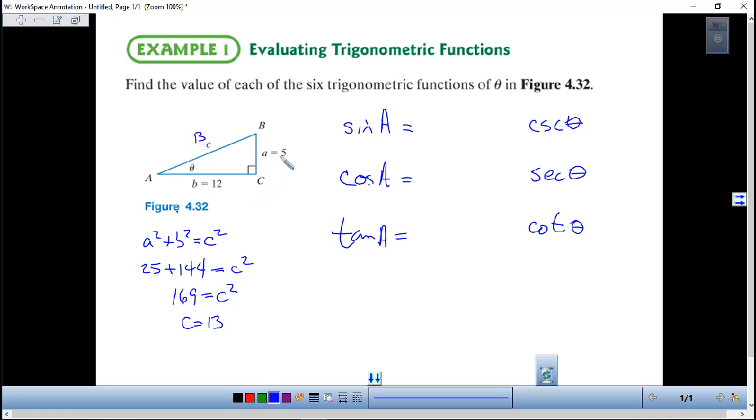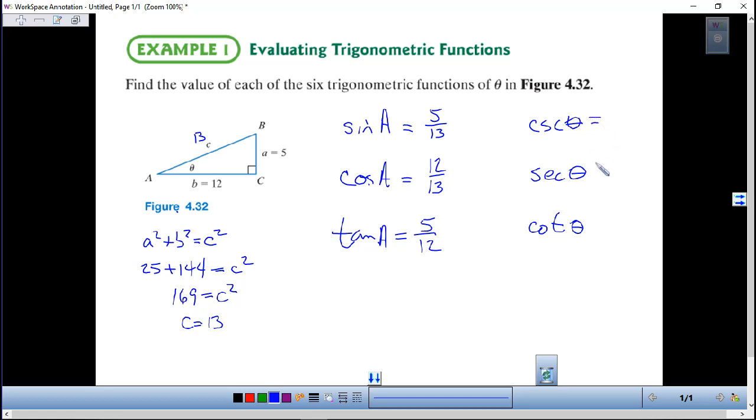So with respect to theta here, opposite over hypotenuse is going to be 5 over 13. And the cosine, adjacent over hypotenuse, is going to give us 12 over 13. And tangent is opposite over adjacent, so that's 5 over 12.